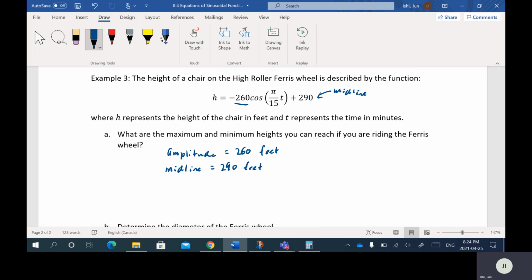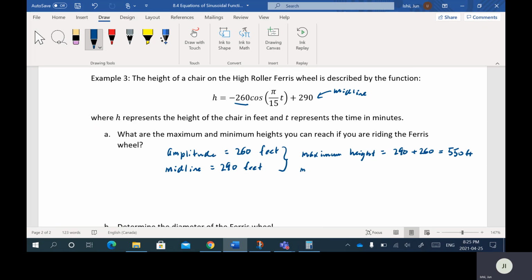Given these two bits of information, the maximum height is going to equal the midline, which is 290 feet, added to the amplitude, which is 260. That is 550 feet, so that is the maximum height.